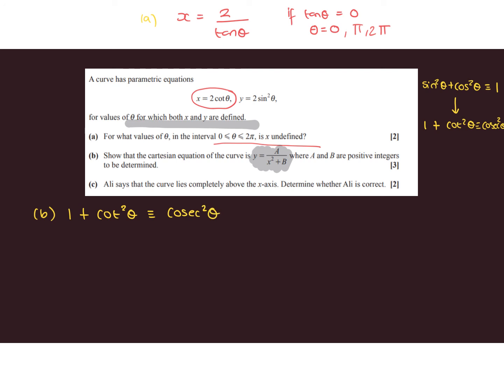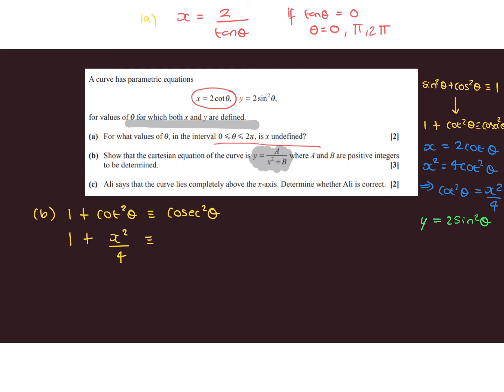Now, we know that x is equal to 2 cot theta, so x squared equals 4 cot squared theta, which tells us that cot squared theta is x squared over 4. So we can rewrite this as 1 plus x squared over 4. Now, cosec squared theta, we know that y is equal to 2 sine squared theta.